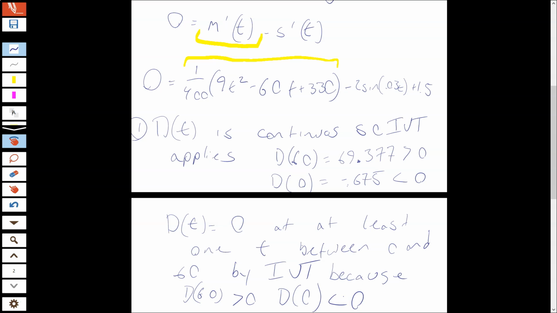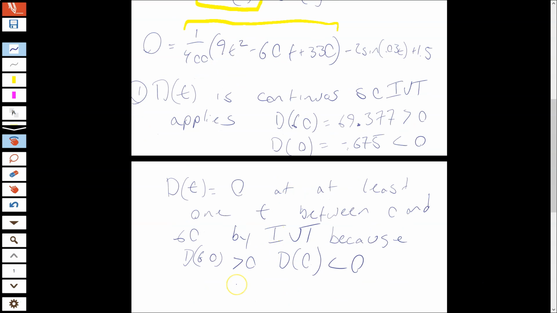Okay. So this is where the heights of the cans or whatever we're talking about are changing at the same rate.